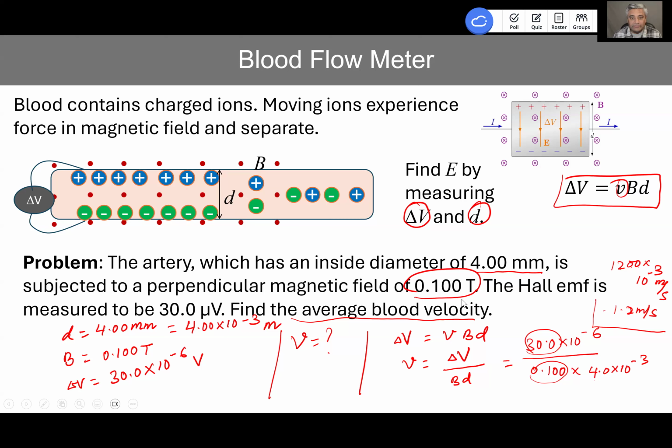So that's how you can measure the speed of blood flow in our body. I think I did not do it correctly. I should have divided this by 4, rather I multiplied, so that's why the number was big. So 300 needs to be divided by 4, not multiplied.